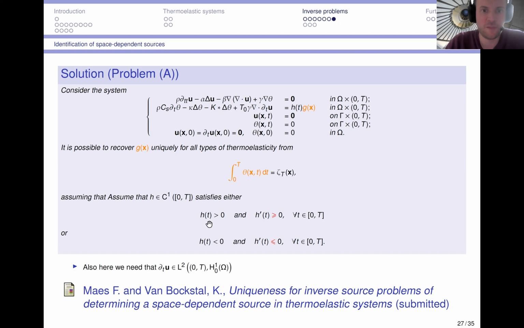This result is valid when h is strictly positive and its derivative is positive, or also when this condition is satisfied. So also here, it's necessary that you have this regularity on the solution. The results of this research were recently submitted together with a PhD student of mine, Frederik Maas.